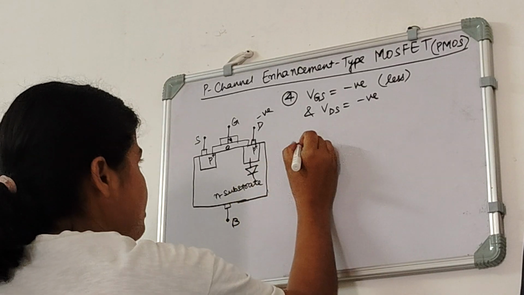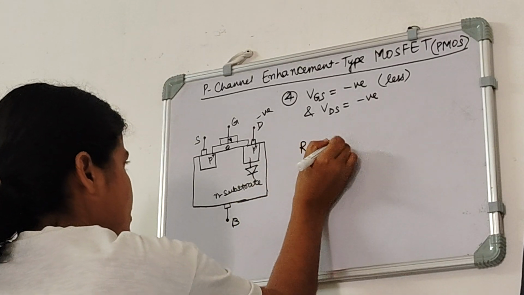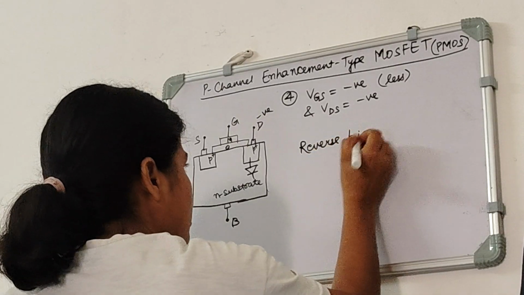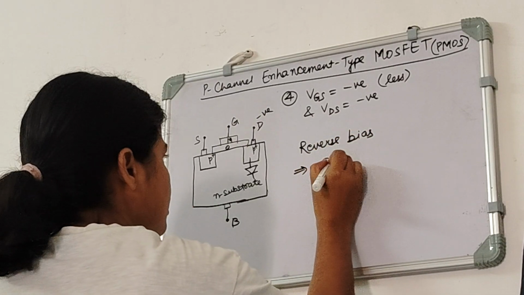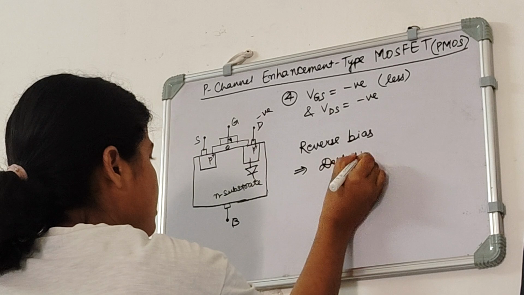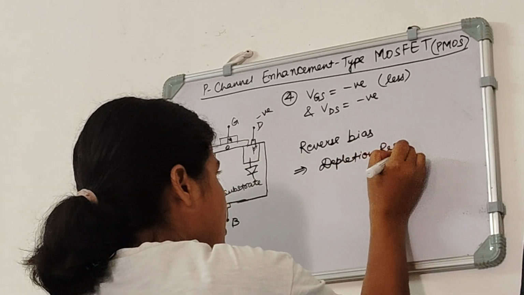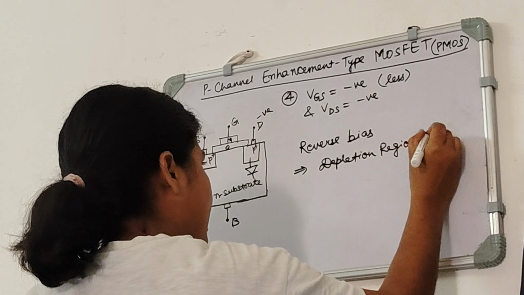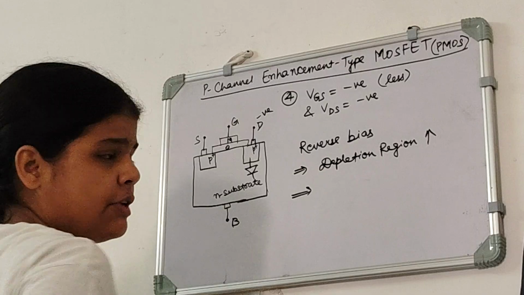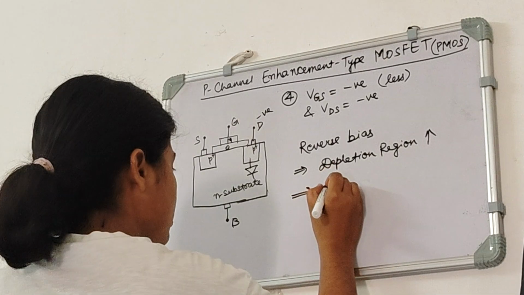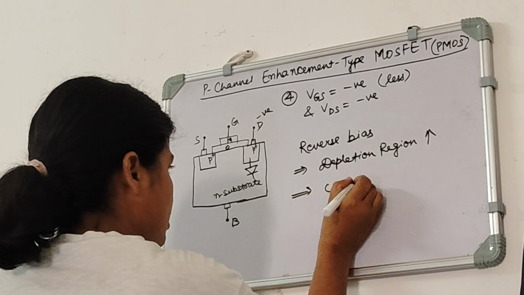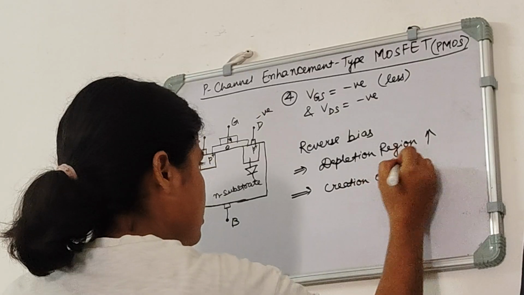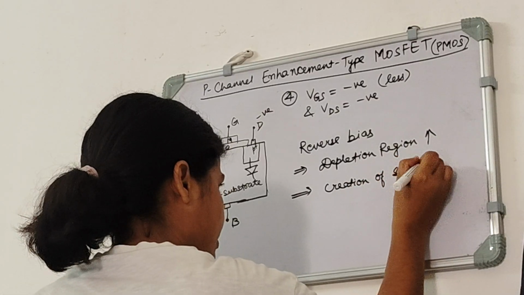Because reverse bias will increase the depletion region, and this increase in depletion region will lead to the creation of a strong electric field.